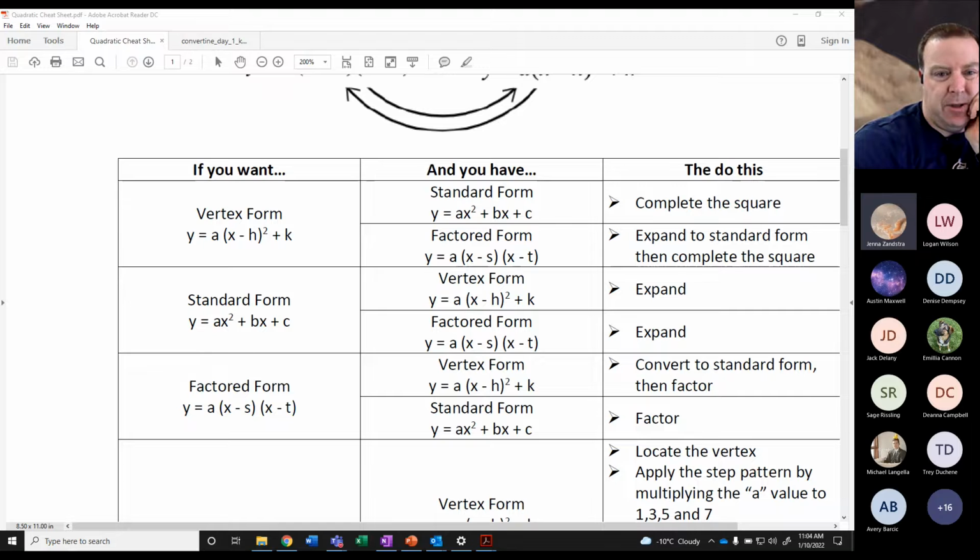Let's see if I can pull up my cheat sheet. Let me find my cheat sheet.